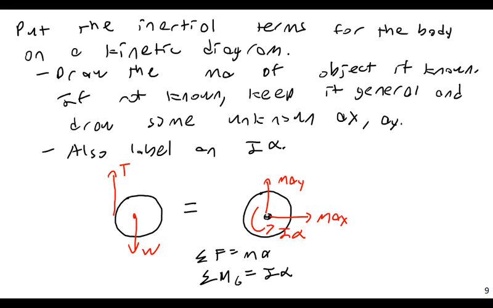All right, so let's work through an example of how I would draw a free body diagram and kinetic diagram for a simple system here. Okay, so consider the bar below.